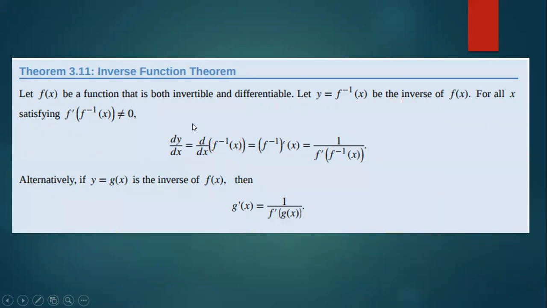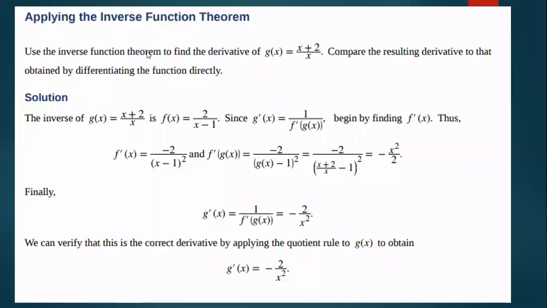This is basically known as the inverse function theorem. Now apply the inverse function theorem. First, use the inverse function theorem to find the derivative of f, where g of x is equal to (x plus 2) divided by x, and compare the resulting derivative to that obtained by differentiating the function directly.